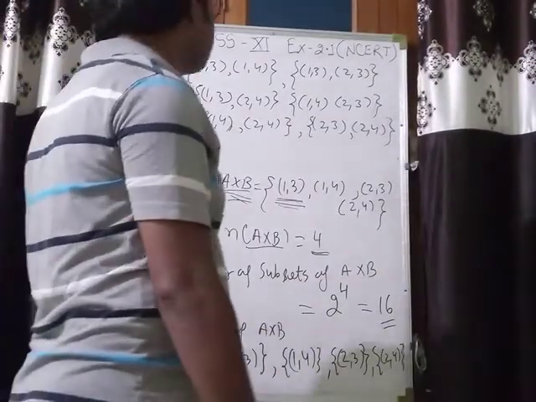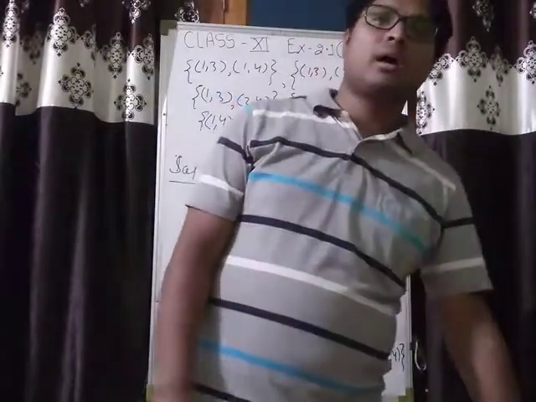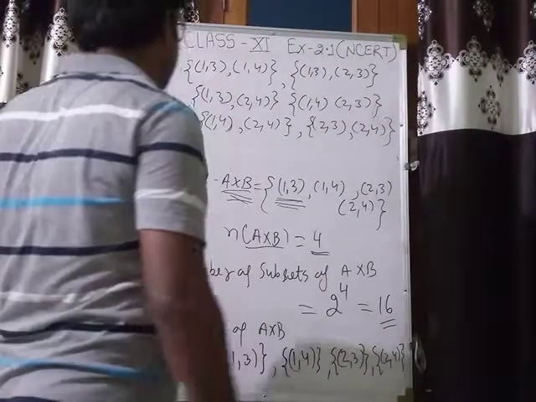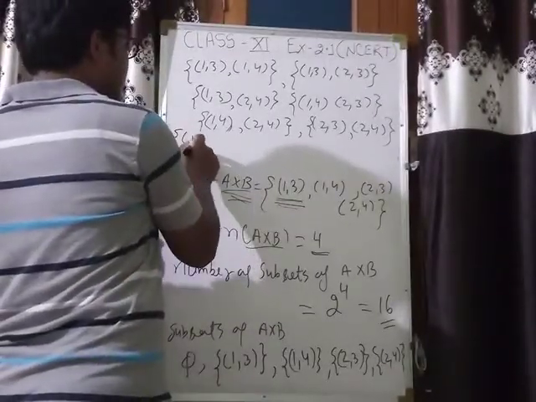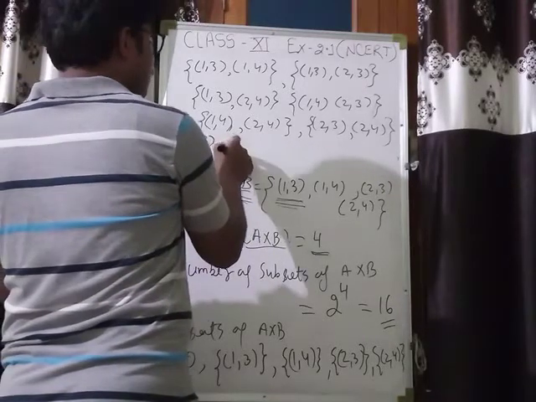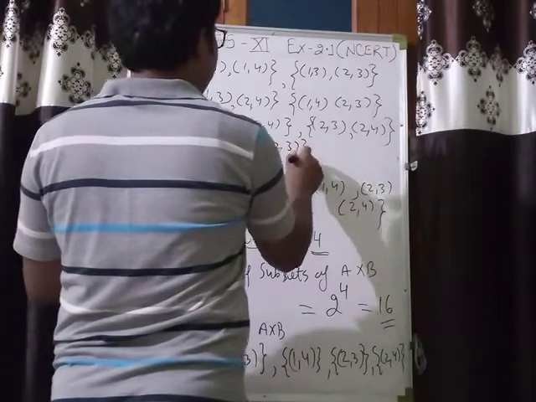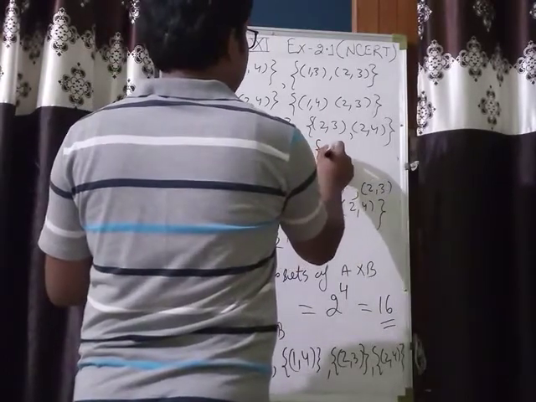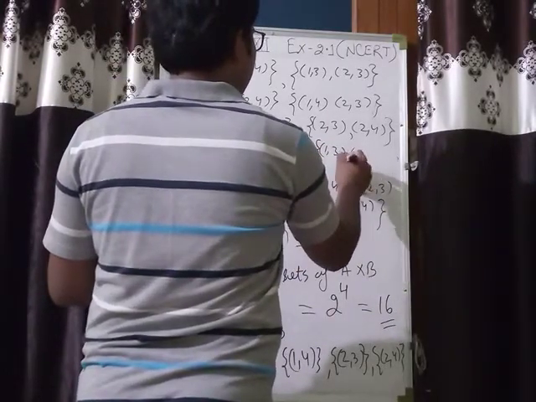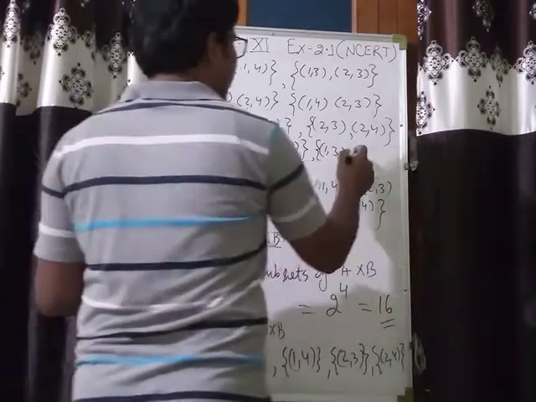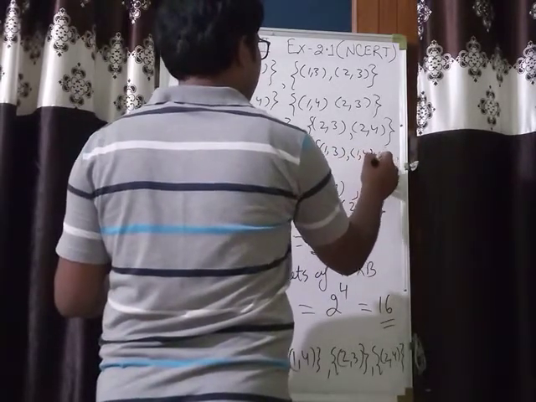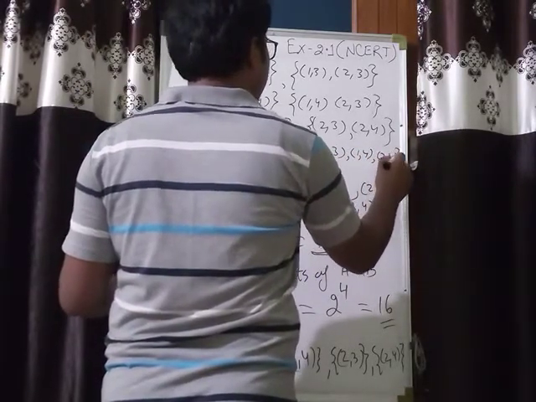Okay. Now next, subsets having 3 elements. So they will be {(1,3),(1,4),(2,3)}. Okay. Then {(1,3),(1,4),(2,4)}. Okay.